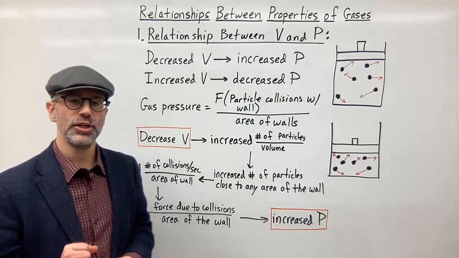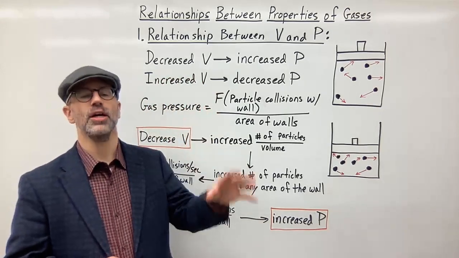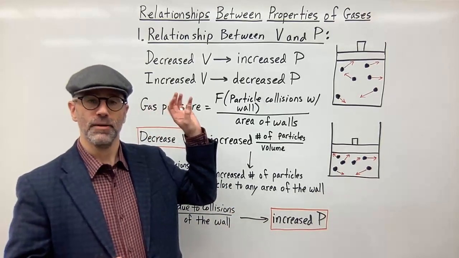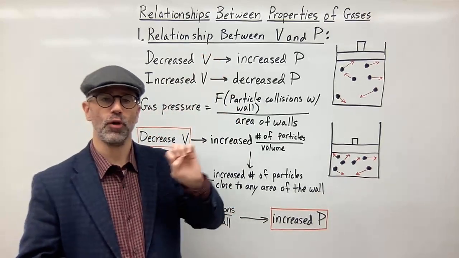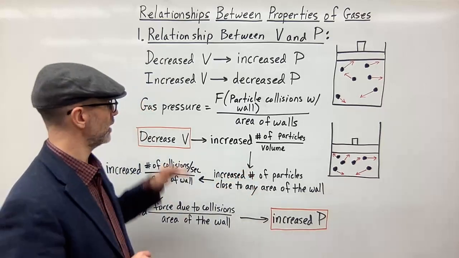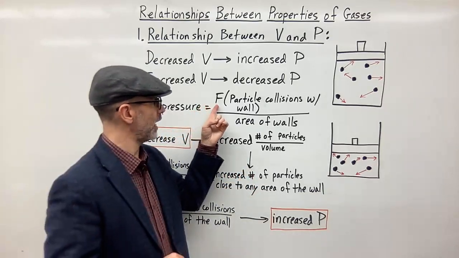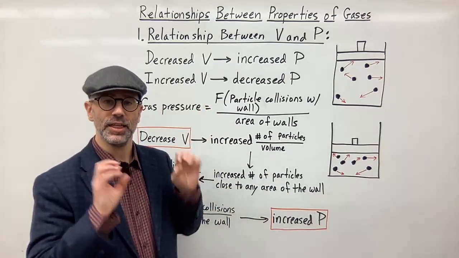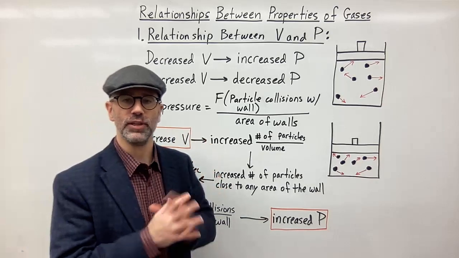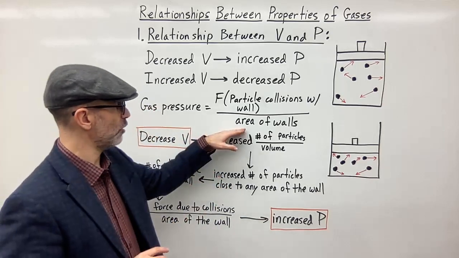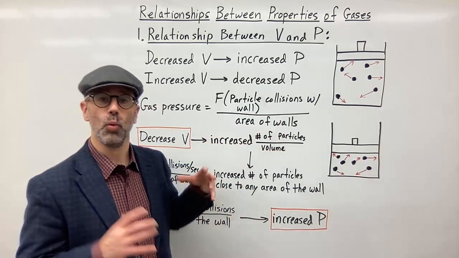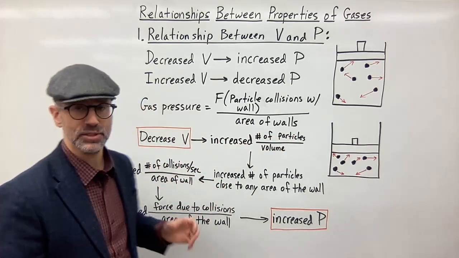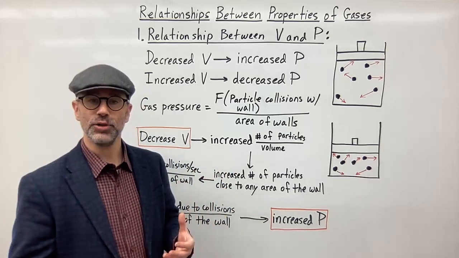Remember, pressure is the amount of force applied through a given surface area, so pressure is equal to force over area. When we're talking about gas pressure, we're looking at the force that is applied due to the collision of particles against the wall of the container, and the area that we're looking at is the area of the walls of the container itself.